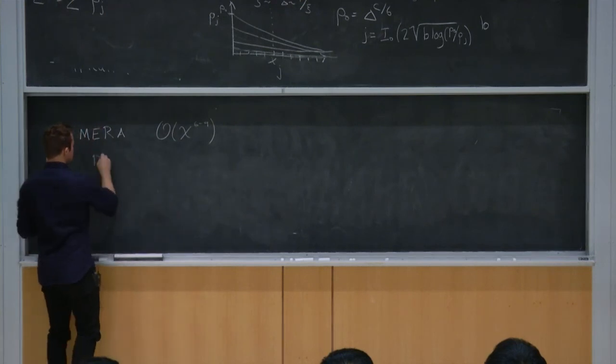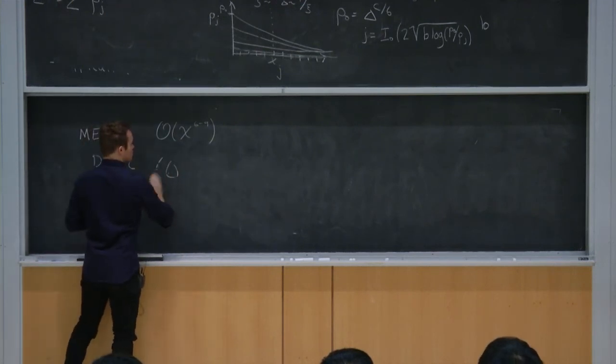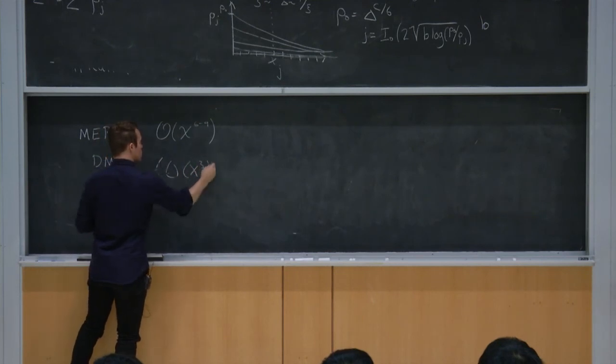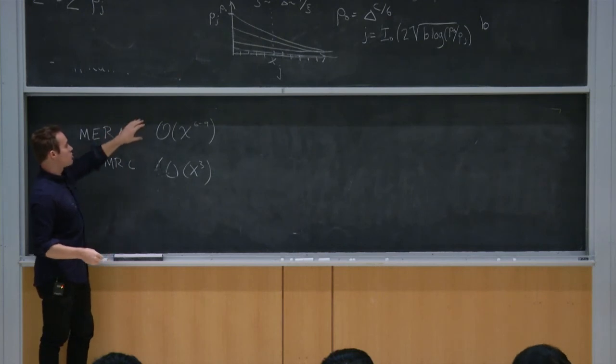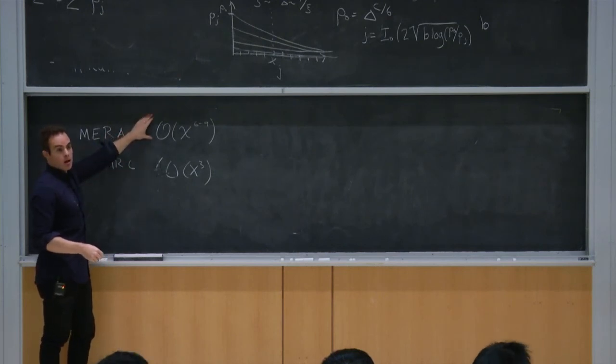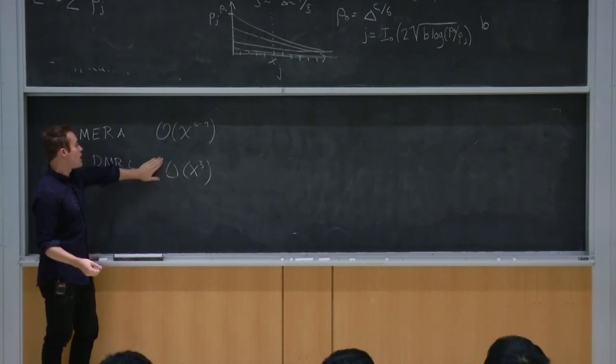So I said DMRG goes as order chi cubed. Now this a priori doesn't tell you anything, because you need to know how much more quickly the accuracy of MERA extracts critical exponents than this one.